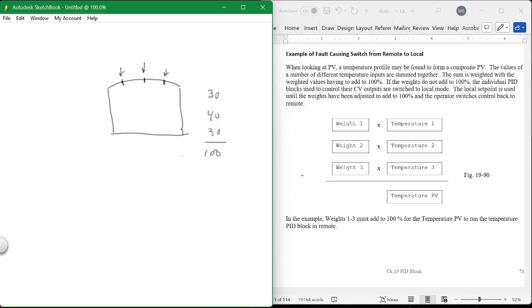If it's not equal to 100%, you must go to manual. Slam it into manual and wait until they get the 100%, and then you put it back in auto, and then it works. Okay, you say, well, that's kind of an odd thing to do. But on the other hand, if they can't add to 100, you don't want them putting that number in there. You want them to only put in numbers that give you 100%.